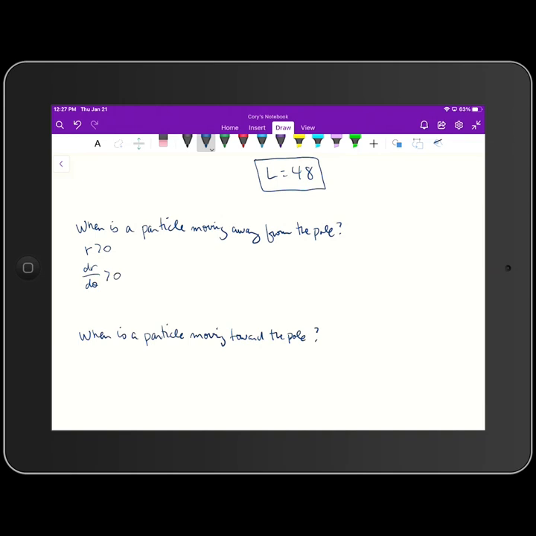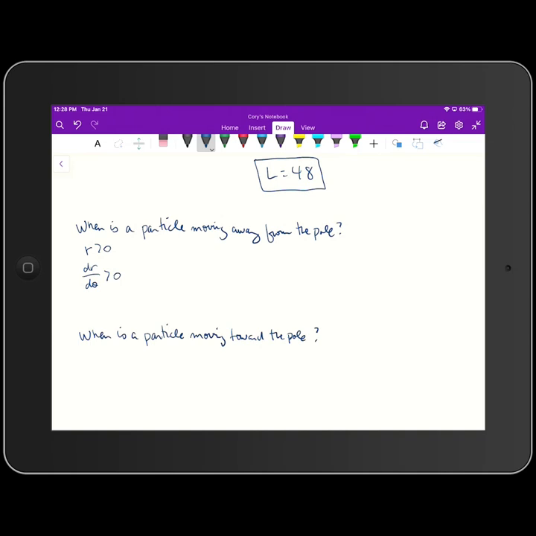So if the radius is positive and it's increasing, that means the r values are going to be getting larger and larger, which means the graph moves away from the pole.